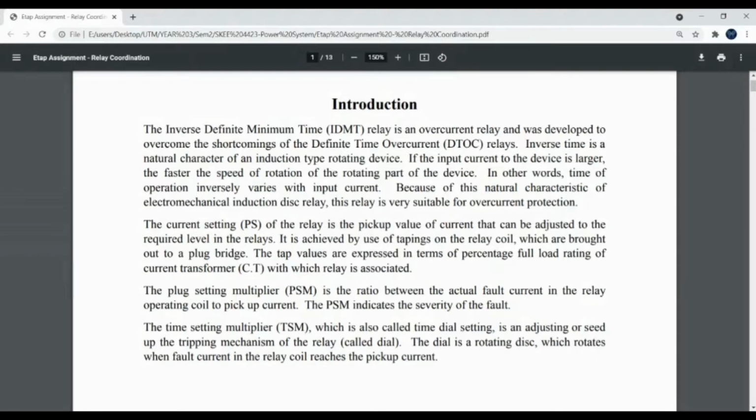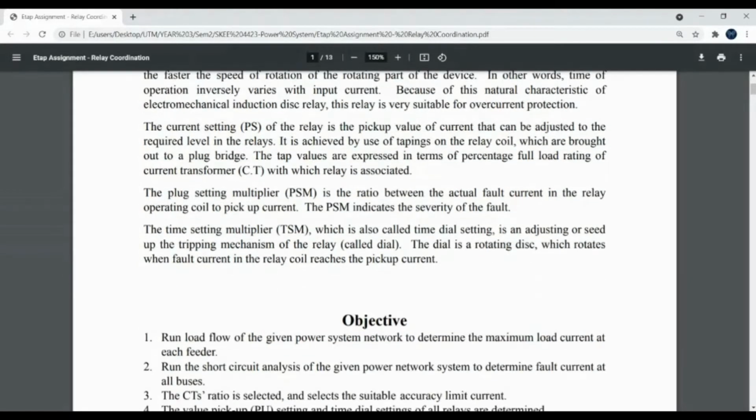Because of this natural characteristic of electromechanical induction, this relay is very suitable for overcurrent protection. The current setting of the relay is the pickup value of current that can be adjusted to the required level in the relays.